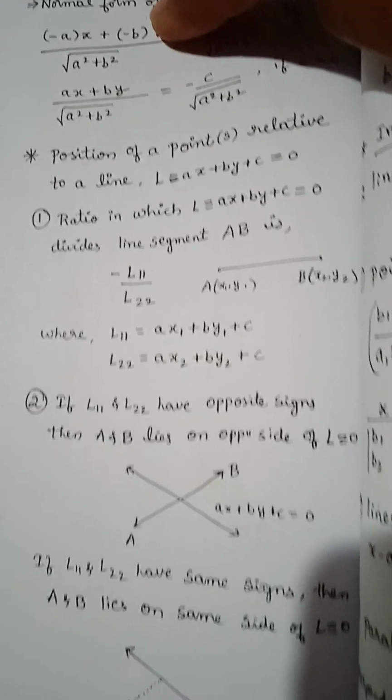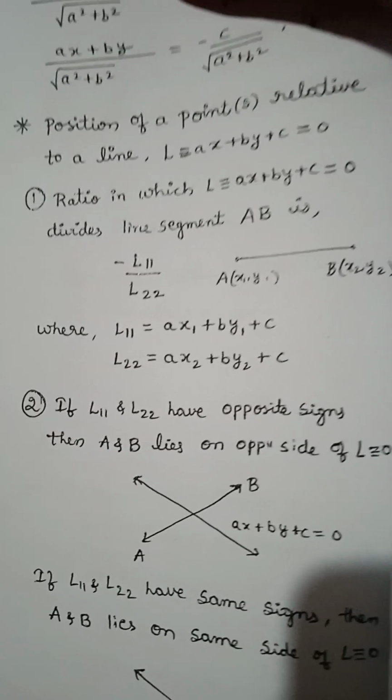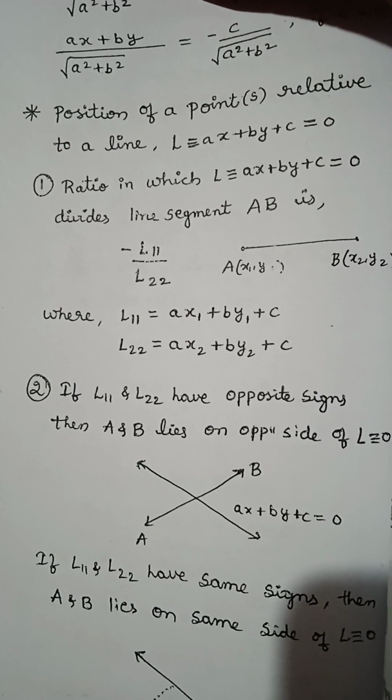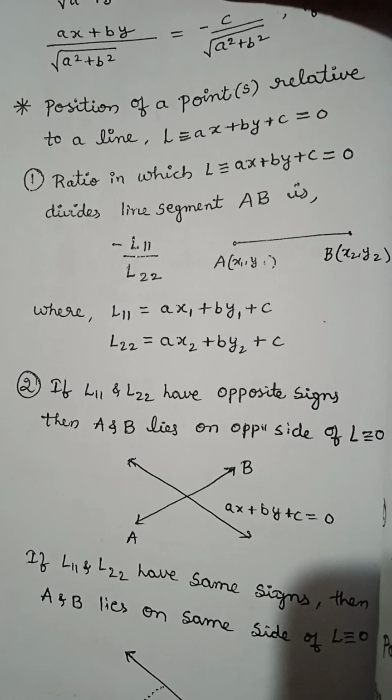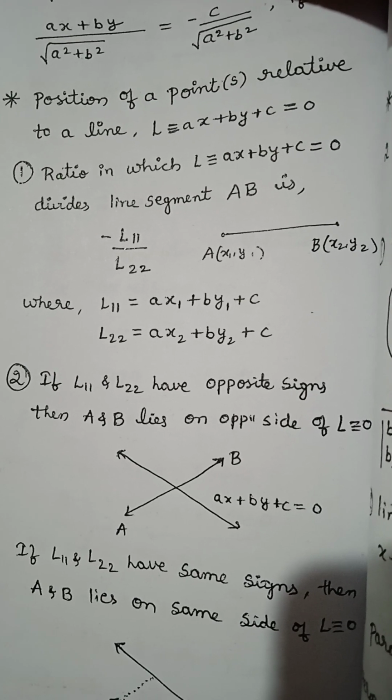This is the ratio in which the line divides the line segment AB. Here L11 equal to ax1 plus by1 plus c, L22 equal to ax2 plus by2 plus c.